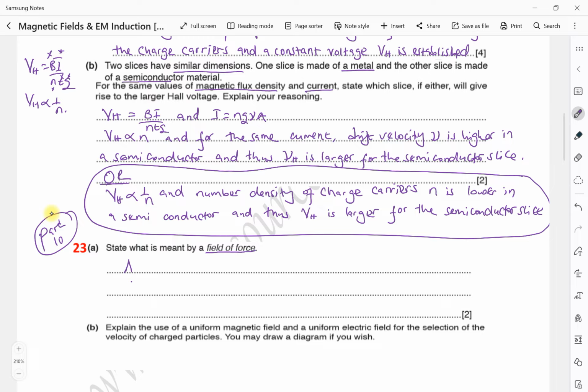So this is a region of space where an object or a particle experiences a force.